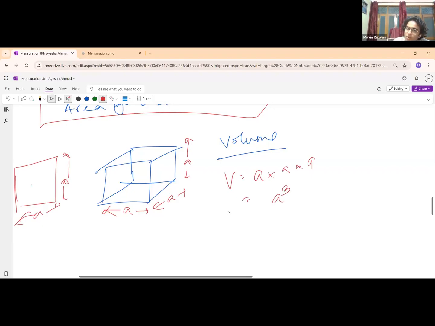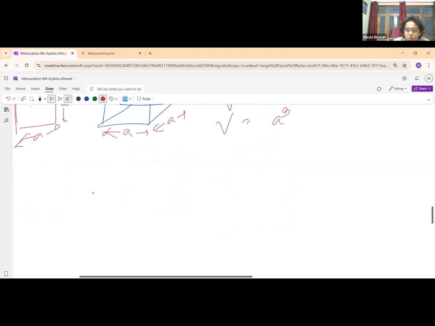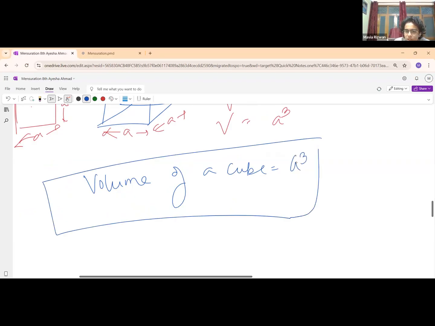Remember, in the chapter cube and cube roots, I explained why we call a raised to the power 3 a cube. So the volume of a cube is equal to a cube. Clear, Aisha? Any doubts? No, sir.